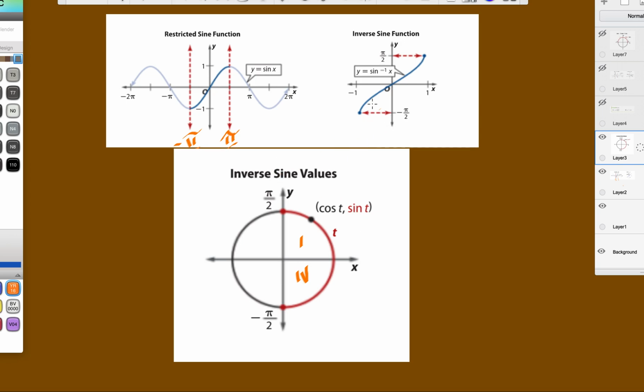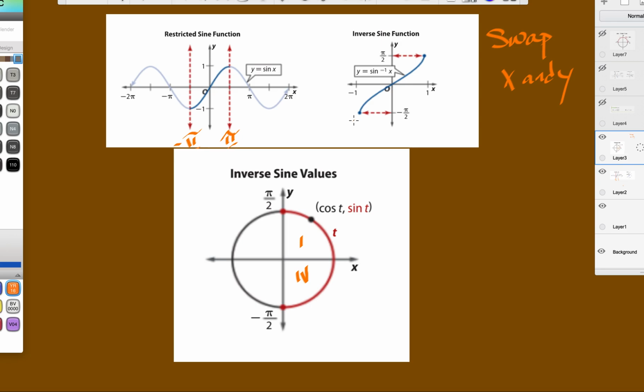But that's the idea. So we talk about this inverse function, and look, they just sort of go in opposite directions. And how do you find the inverse? Remember, we swap x's and y's to find our inverse. That's how we found inverse functions.